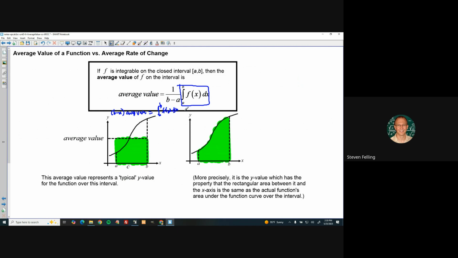So the other way to think of this is there is some y value between the minimum y and the maximum y, where if you took that height as the height for the entire width, that area would be the same as the actual area. That's the intuitive understanding for what the average value is. It's the average y, but if you took that y for all of the x's and multiplied by the width, you would get an area equivalent to the actual definite integral area.